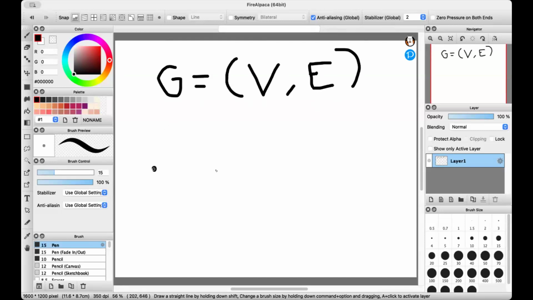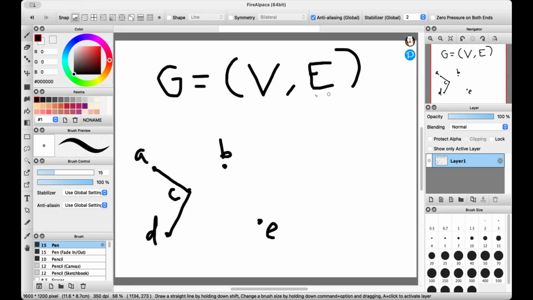So real quick, I'm going to draw kind of a pretty simple graph. Let's say this is A, B, C, D, and E. So the only restriction that graphs have is that the set of vertices can't be empty.